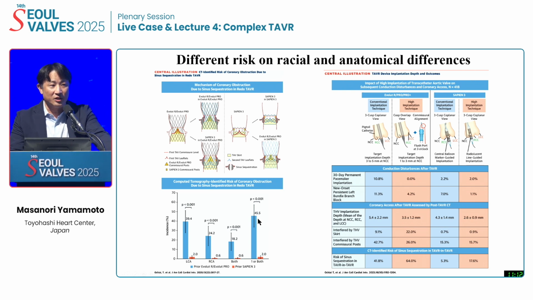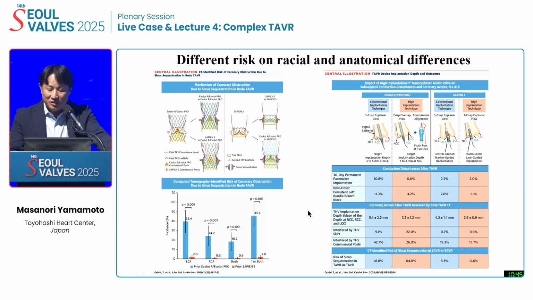If we choose a self-expandable valve, the risk of sinus sequestration is 45%. In contrast, if we choose a balloon-expandable valve, the risk is 2%. But this is a very large anatomy, with large sinuses of Valsalva and large aortic annulus area. So he came back to Japan and did the same study in Japanese, particularly small anatomy.